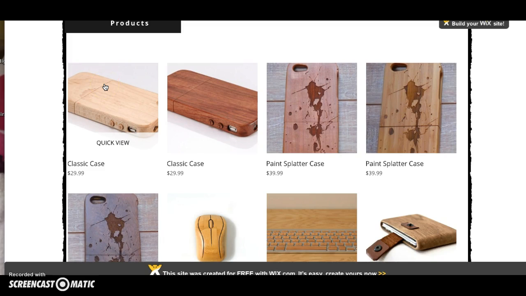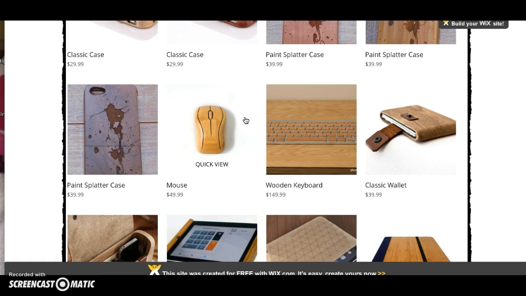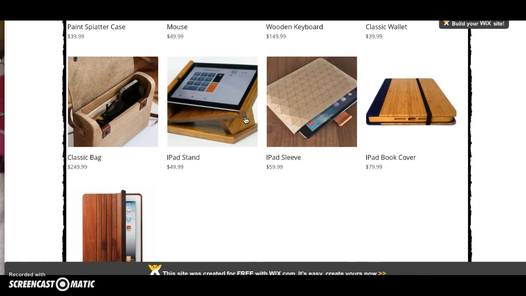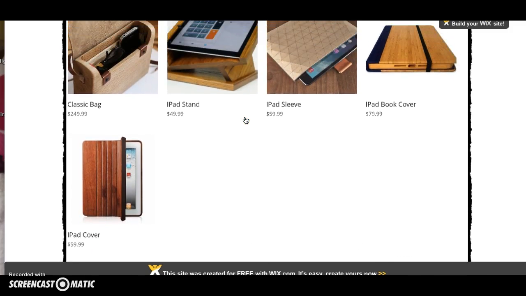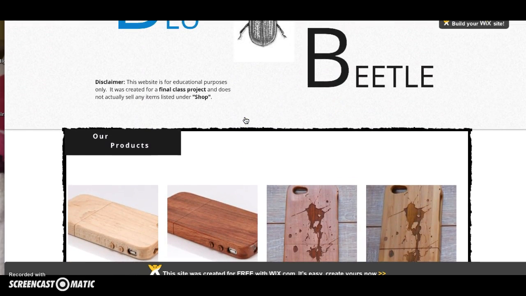So we sell different types of cases, like our classic cases, paint splatter cases, wooden mouse, wooden keyboards, wallets, bags, iPad stands, iPad sleeves, and iPad covers, just to name a few. And we even put the price there based on what other competitors sell their products at.